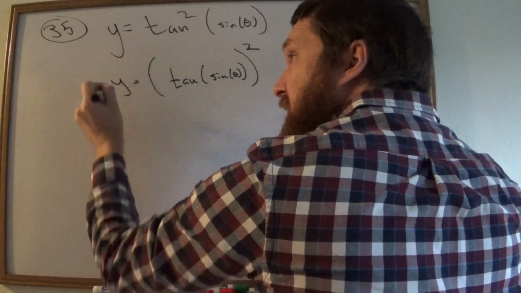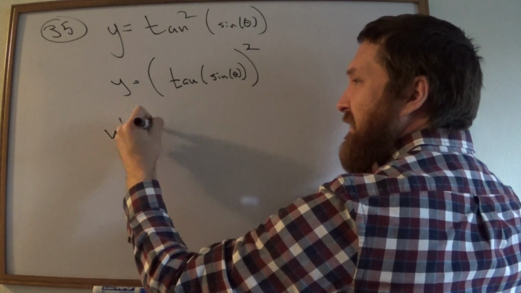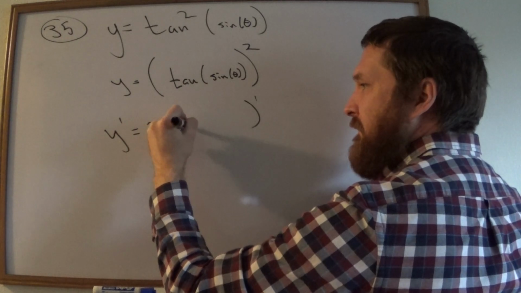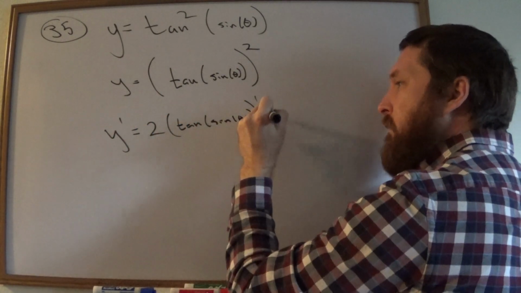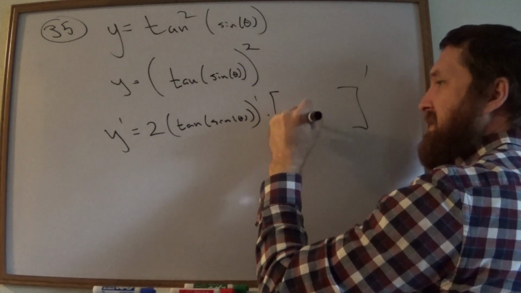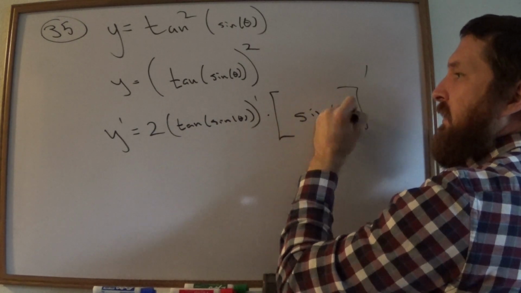And so when you take the derivative, what's the first thing we want to do? Take the derivative of the outside stuff, leave the inside stuff alone. Now multiply by the derivative of the inside stuff. Wait, why is there a derivative sign? I think it's to the 1 here.